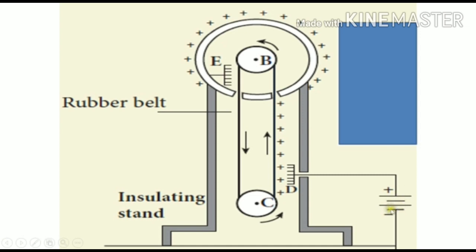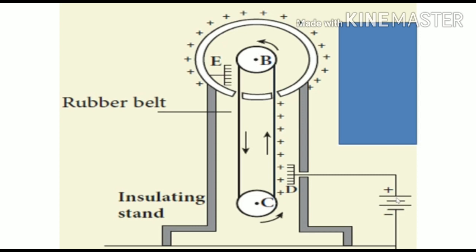Students, remember that you have to mention the higher potential because we are applying the higher potential. Now we are going to discuss the working of the Van de Graaff generator.